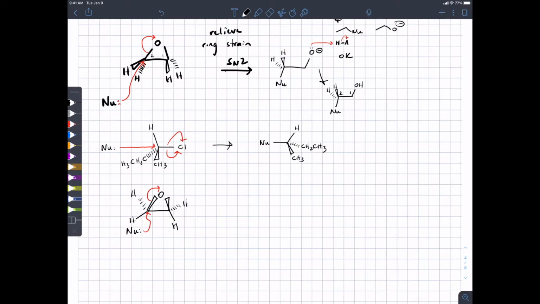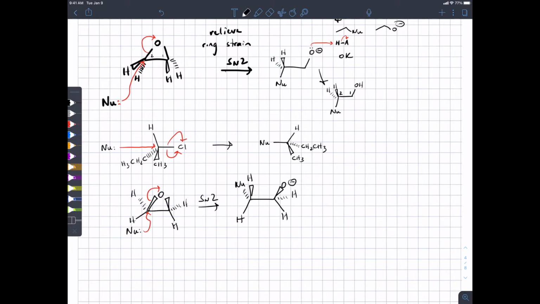And then if you did that, let's see, you would have the oxygen up here. The hydrogen would come up on the other carbon, and your nucleophile would be down here. That makes a lot of sense. And that may make more sense. It's kind of tough to draw 3-membered rings and stereochemistry, so each of these representations is imperfect, but they'll do.